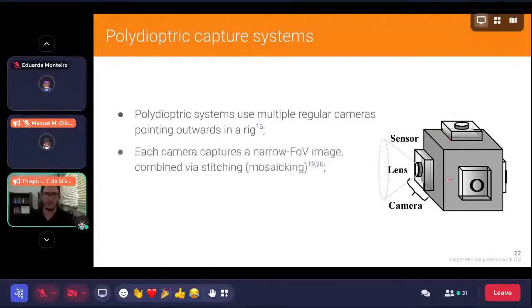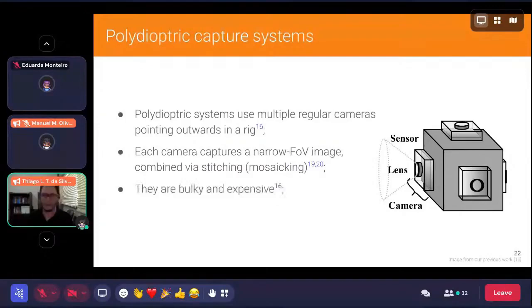The main idea here is that each camera captures a narrow field of view image, a common image, and all these images can be combined using what we call a stitching algorithm or a mosaicing algorithm that stitches those images together. And then we can cover the full field of view if you want.